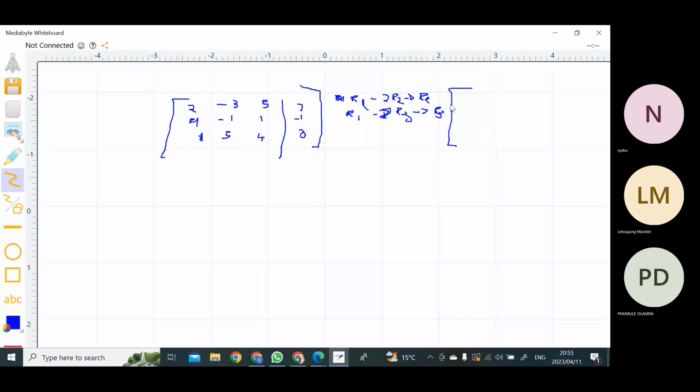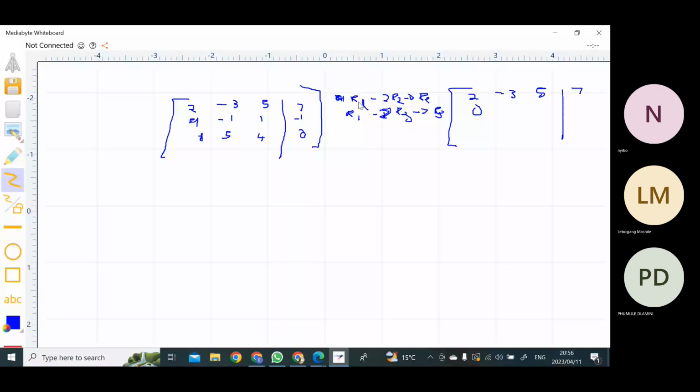This one we write as it is: 2, minus 3, 5, giving 7. Then here is going to be 0. We follow this formula: 9 times 2 is 18, and 2 times 9 is 18, which gives us 0.